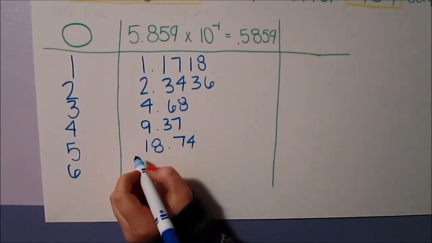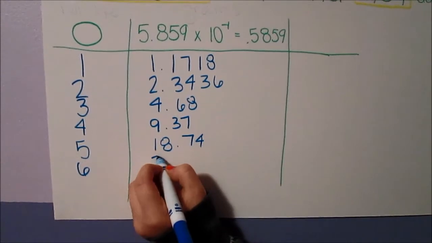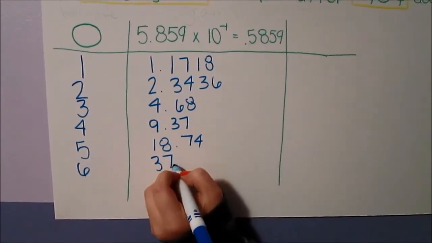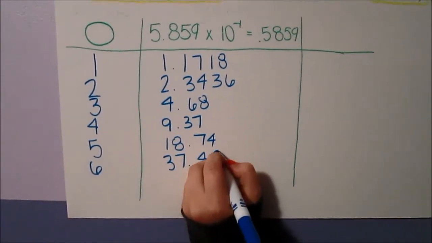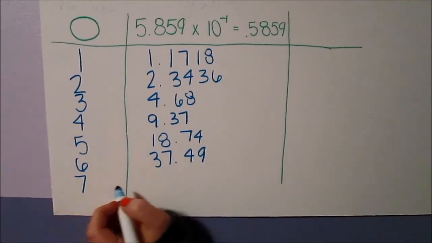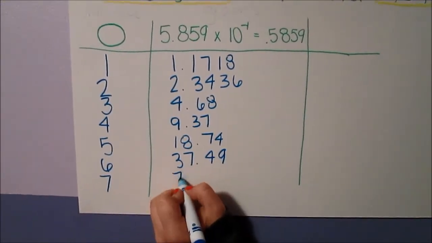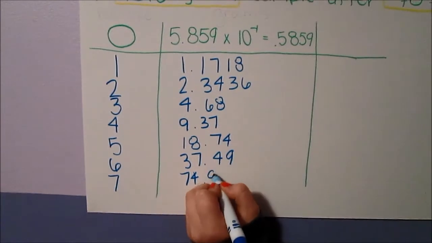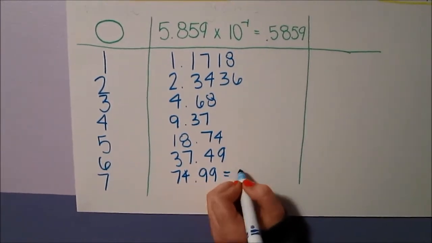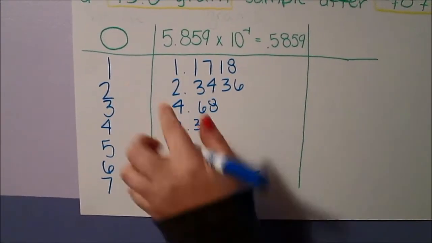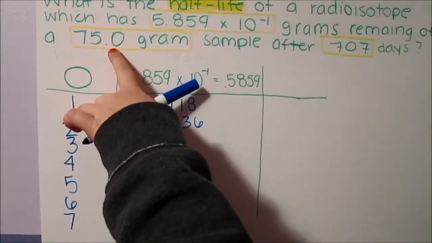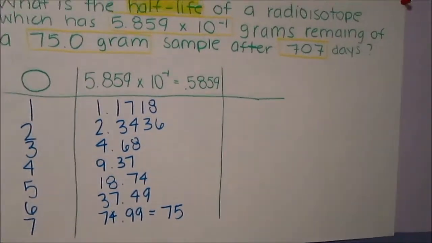Add another half-life, multiply by 2 again, get 37.49. If you go again, add another half-life, you'll get 74.99, which equals 75, which is how much of the sample is remaining.